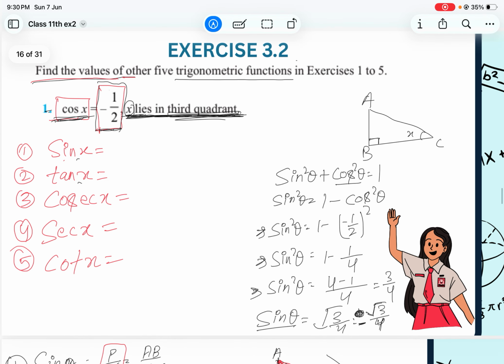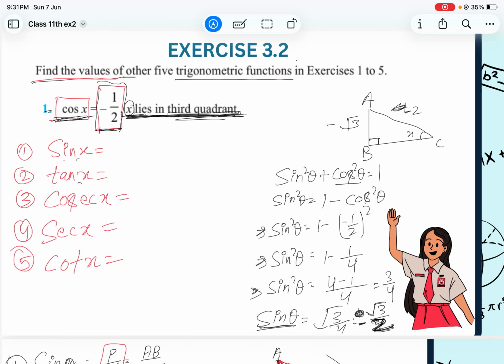So let's put this value. Suppose this is x, so sine theta will be AB, that is minus root 3 by 2. Sorry, this is not 4, this is 2, and this will also be minus 2.